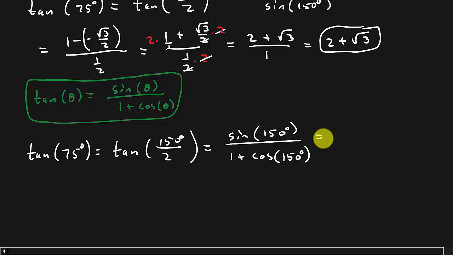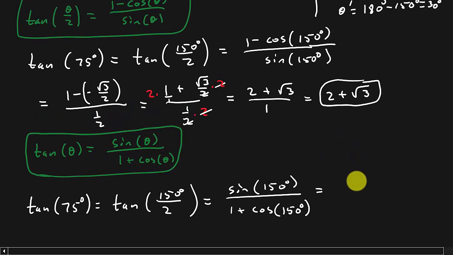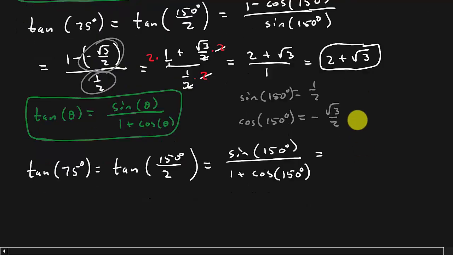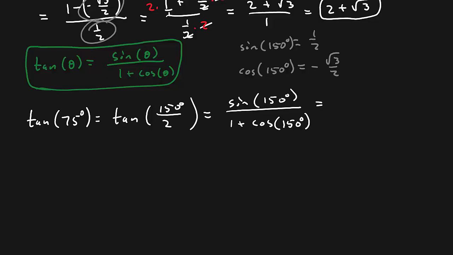All right, so remember we already calculated up here the sine of 150 was equal to 1/2, and the cosine of 150 is equal to negative square root of 3 over 2. Remember we did that up here where we found it. So these will go a little bit quicker.